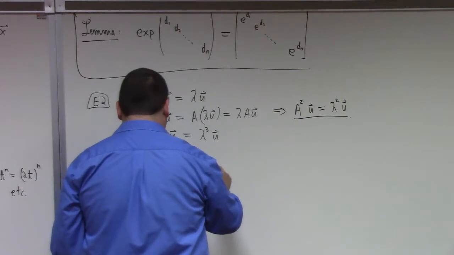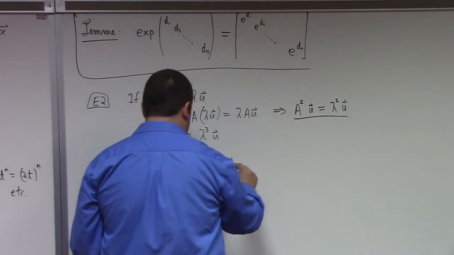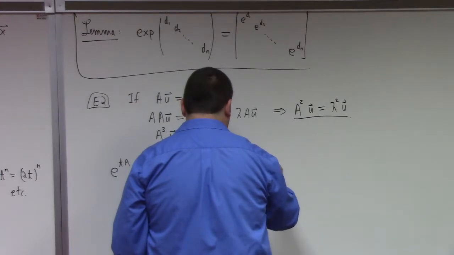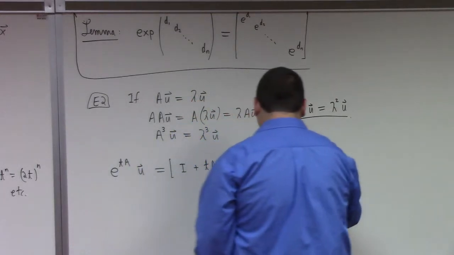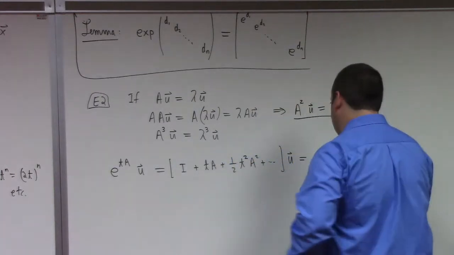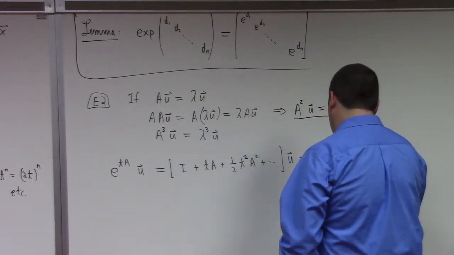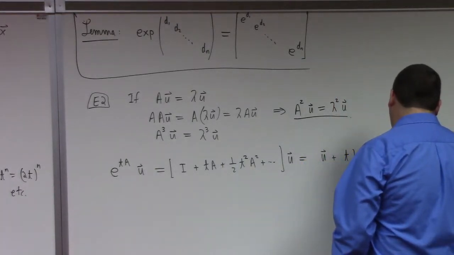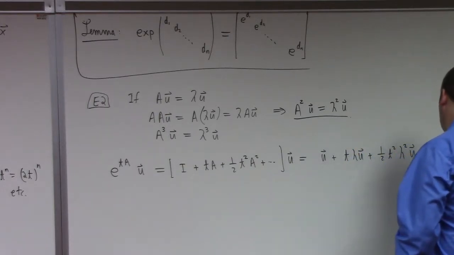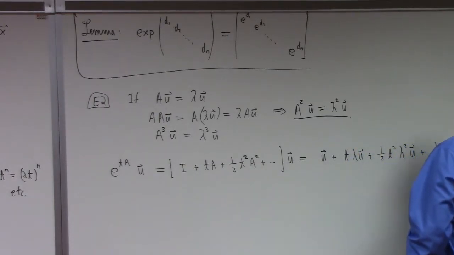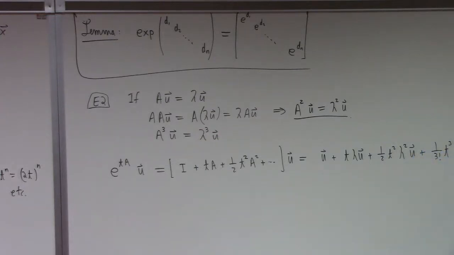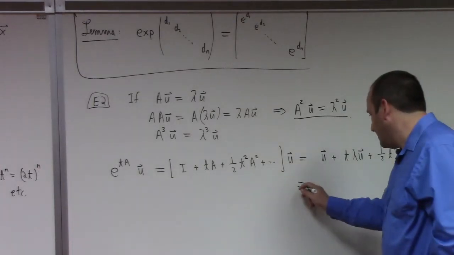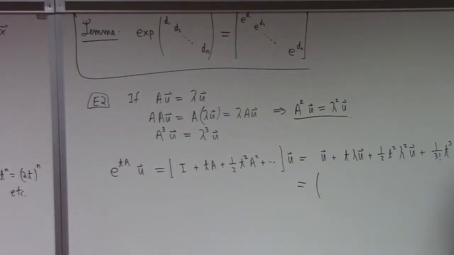We've got I plus tA plus 1/2 t squared A squared plus and so on. If you apply my lemmas, we get u plus t lambda u, 1/2 t squared lambda squared u, 1/3 factorial t cubed lambda cubed u. There's something we can factor out: u is on everything, so we can factor out the u vector.